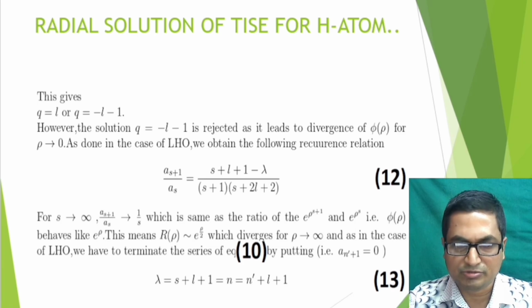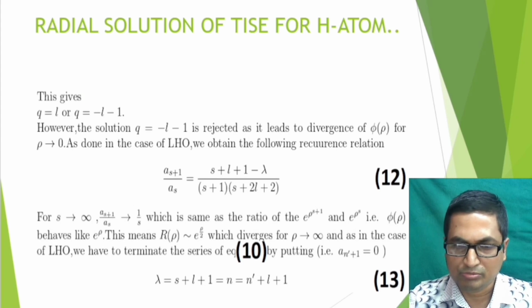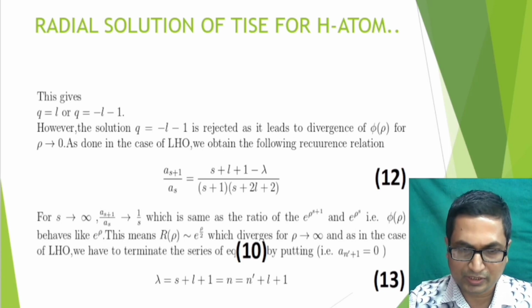And just like in case of linear harmonic oscillator, we'll terminate the series in equation 10 by putting a s plus 1 equal to 0, that means we'll neglect all the terms beyond a certain term, and that particular term is having the coefficient a s.